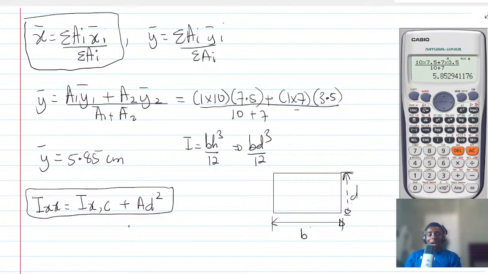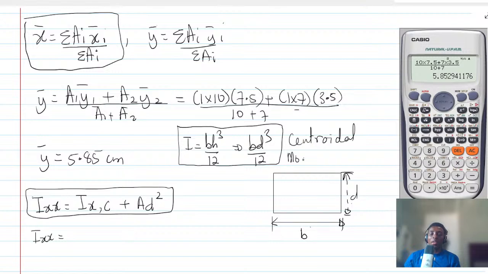So this D squared is coming from the parallel axis theorem.